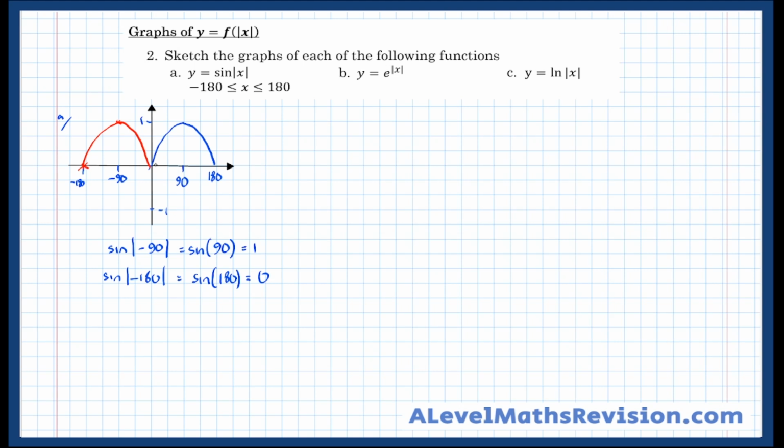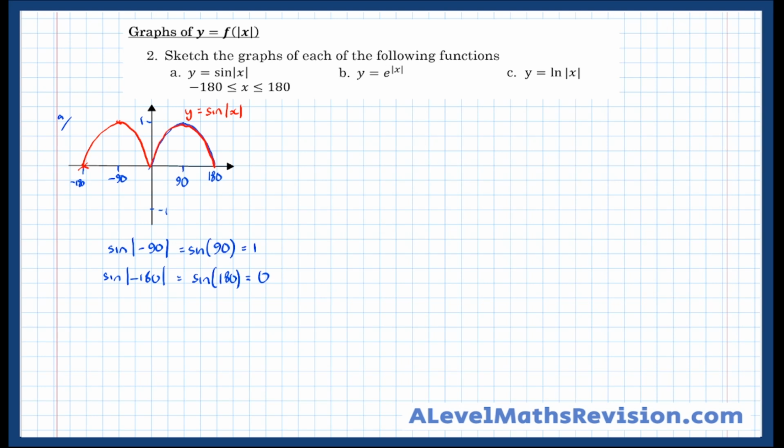So overall, the final graph looks like this. So that is the graph of y equals sine of modulus of x. So the two steps we perform: just get rid of the graph to the left, then reflect the remaining graph on the right hand side through the y-axis.